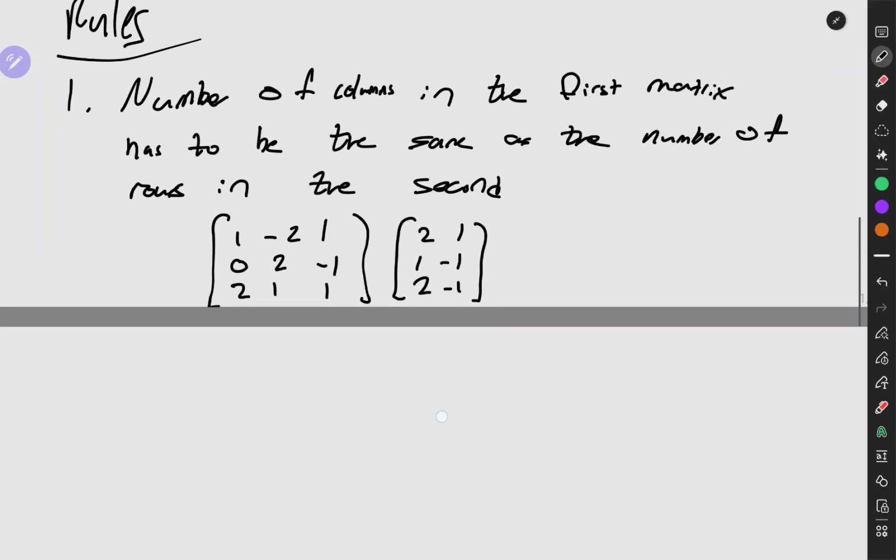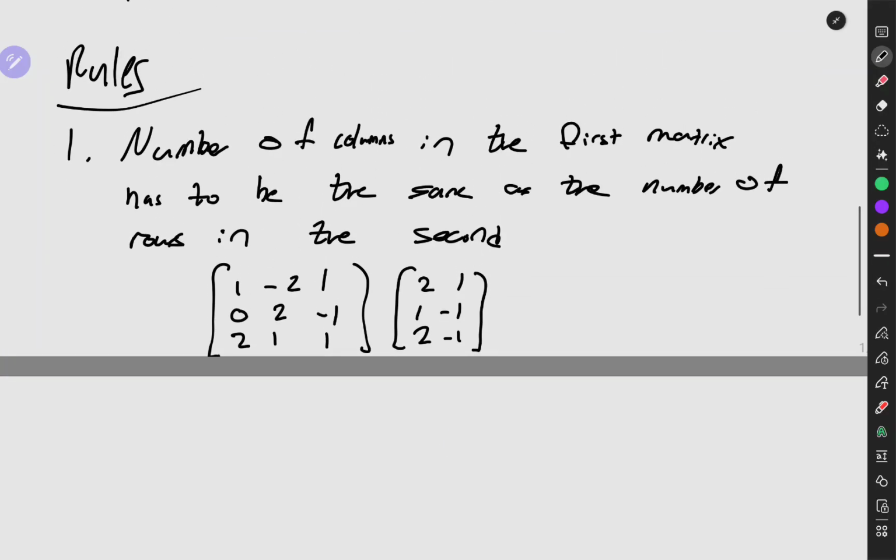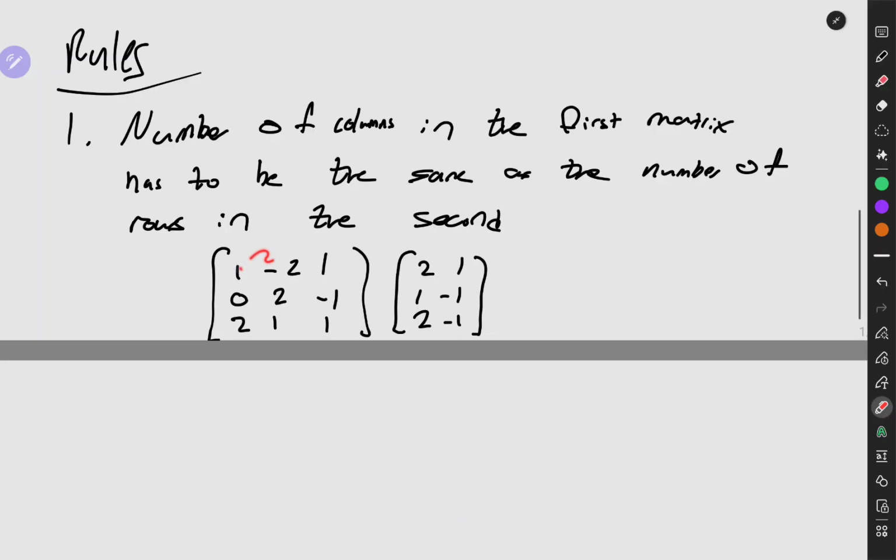Because look, how many columns do you have in the first matrix? 1, 2, 3 columns. Now in the second matrix, how many rows do we have? 1, 2, 3. It would work for any vector of size that looks like this. It can be just this portion right here, or this whole thing right here. Or if we add another row onto here, actually, we can add an infinite amount of rows onto here, and it would work. Would be good.